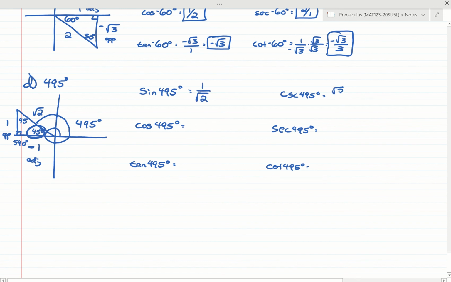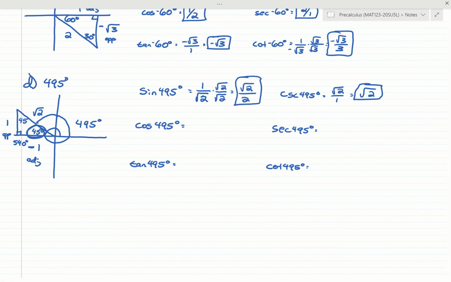Cosecant would be the reciprocal. So let's rationalize sine. And this is going to come up over and over again. So just recognize that 1 over root 2 rationalized is just root 2 over 2. Also, 1 over root 3, you should recognize, is root 3 over 3. We'll get more experience with that, though.